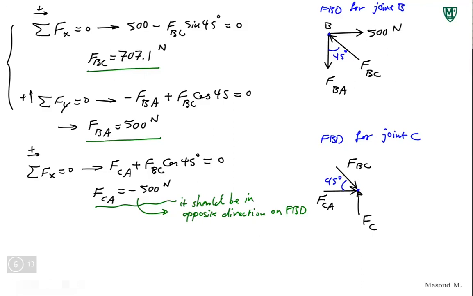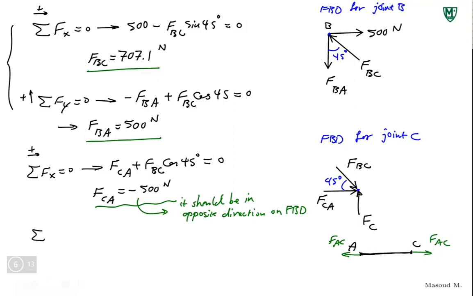Think about it this way: if you flip that force, then on member AC, we're going to have this set of forces, FAC, FAC. Thank you, guys. Yes, it's under tension.